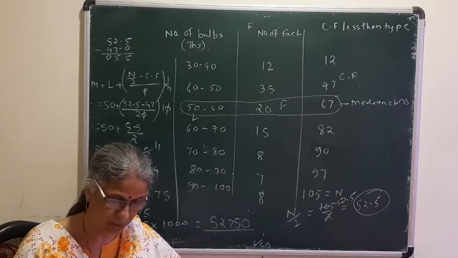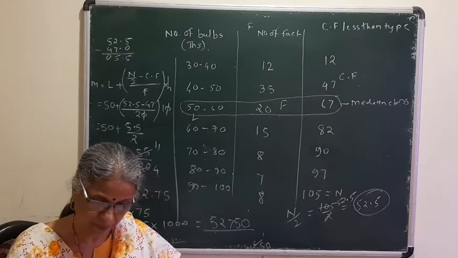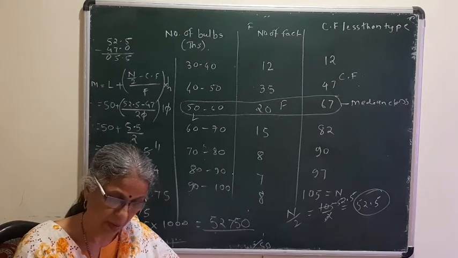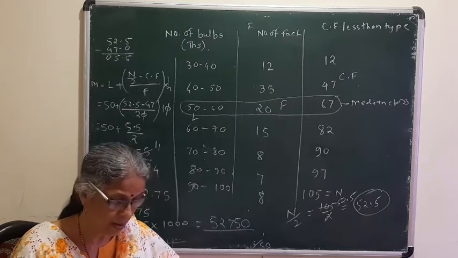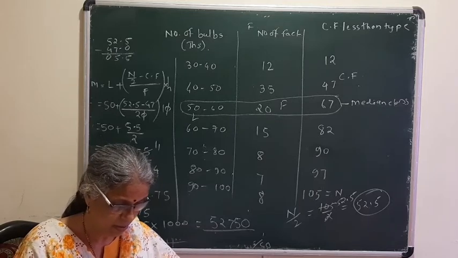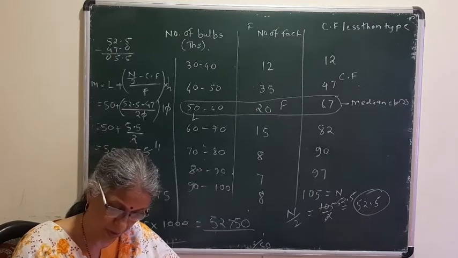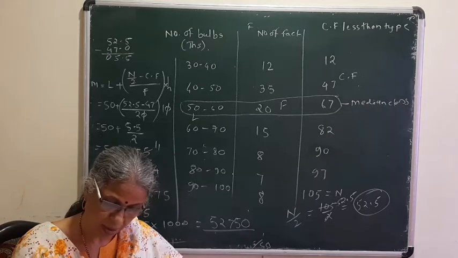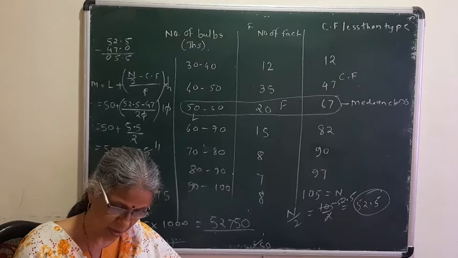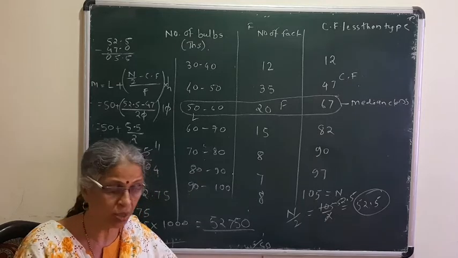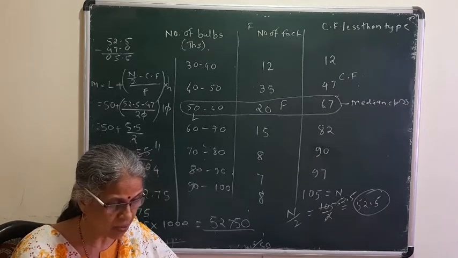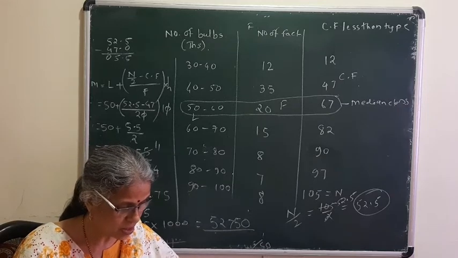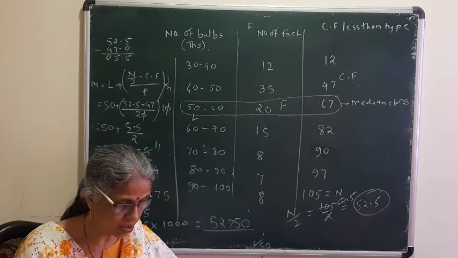Now from the problem set, page number 165, you have to solve sum number two, the mean by direct method, first mean by assumed mean method, third mean by step deviation method, fifth sum also solved by assumed mean method, and sixth and seventh sums are for finding the median.